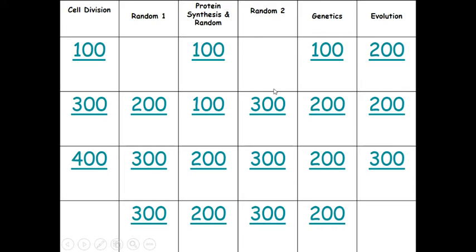Random stuff's all over the place, of course. Protein synthesis was 12.3 and 12.4, if I'm not mistaken, from the book. Genetics was 11.1, 11.2, 11.3, I believe. And of course, evolution was chapters 15, 16, and 17. All right, ladies and gentlemen, here we go.